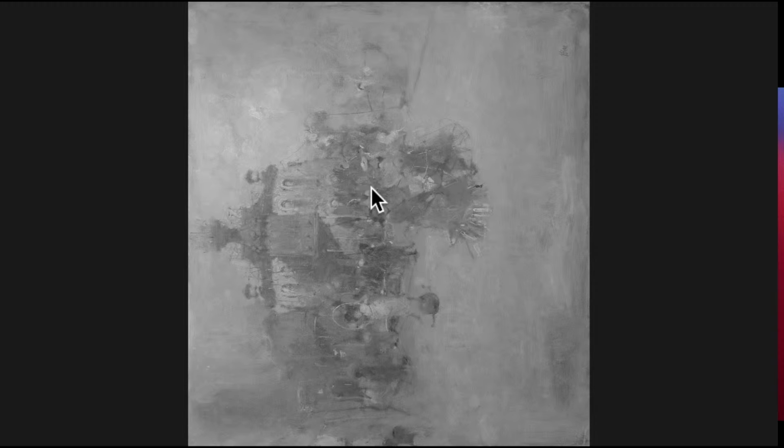What actually caused all this activity right here? You see the dark, and then he's got these little specks of light. It's just amazing how he's done so much with so little.